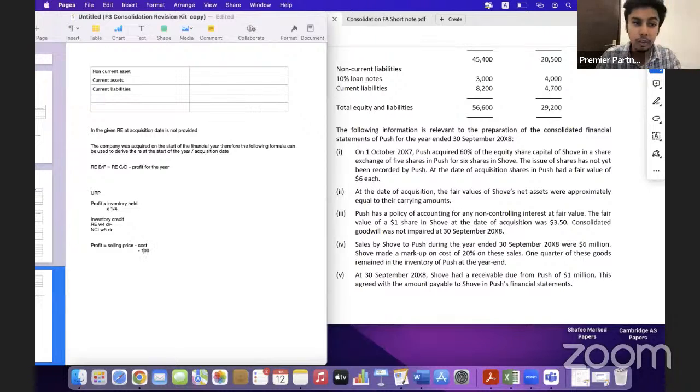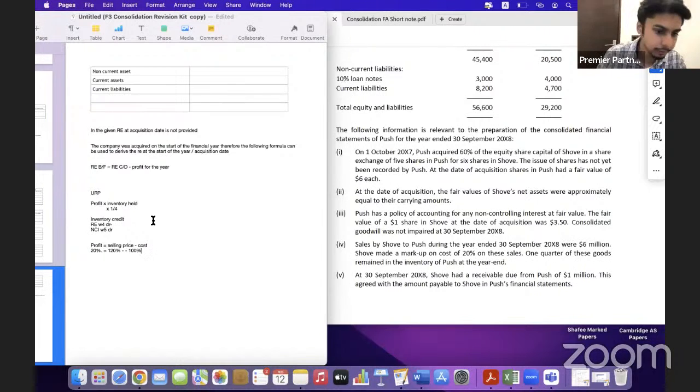So, guys, understand, if it is markup, cost is 100%, profit is 20%. Earlier it was margin. Margin means sales is 100%. If it's markup, cost is 100%, profit is 20%. That means selling price is going to be 120%. Are you okay with this part?